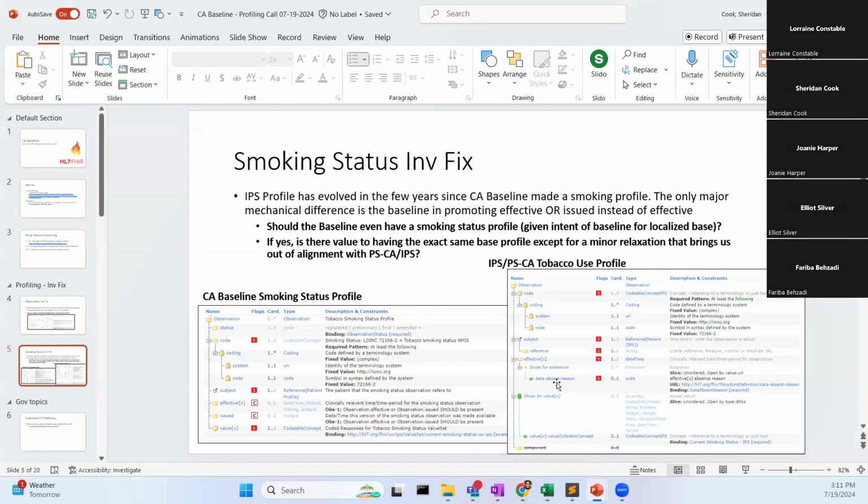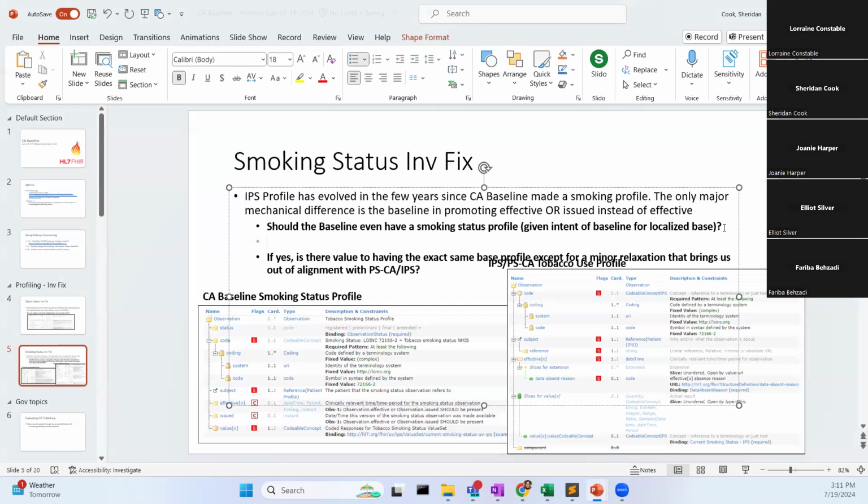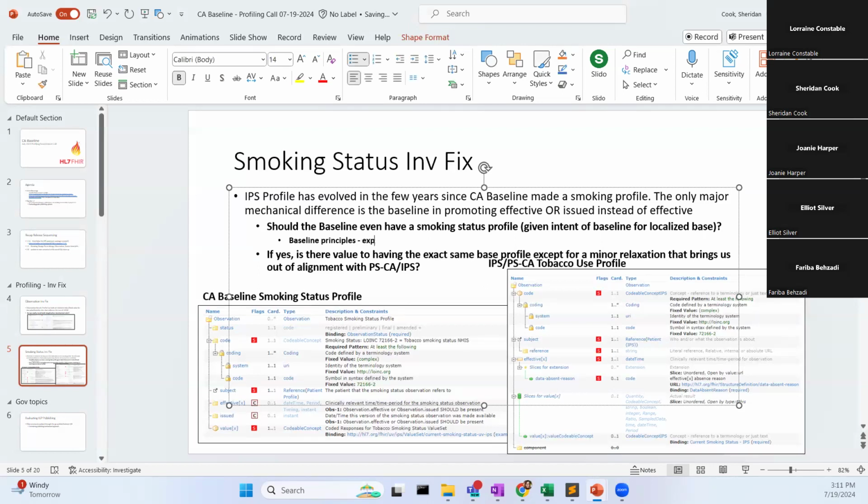Okay, so I'm not convinced that we necessarily need to keep the baseline smoking status profile, but to take it back to first principles, the baseline profiles should be broader and more flexible than any specific use case. So it's expected that a specific use case like IPS might be more constrained.